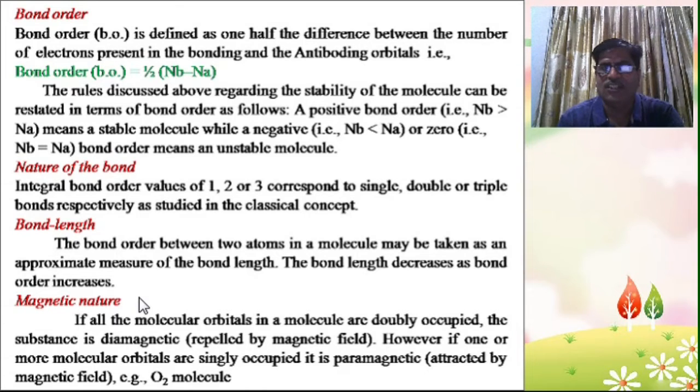Magnetic nature: if all the molecular orbitals in the molecule are doubly occupied, the substance is diamagnetic, repelled by a magnetic field. However, if one or more molecular orbitals are singly occupied, it is paramagnetic, attracted by the magnetic field, for example the O2 molecule.